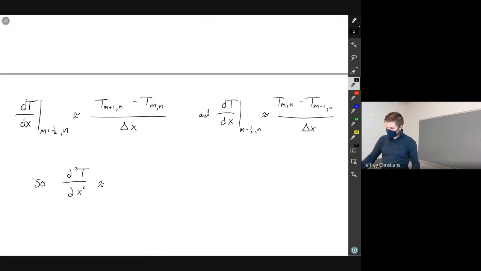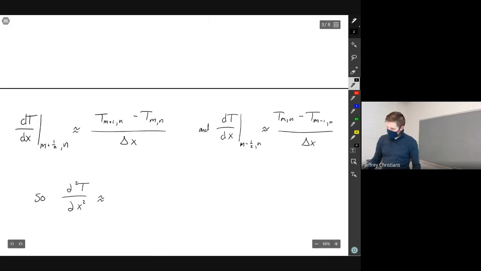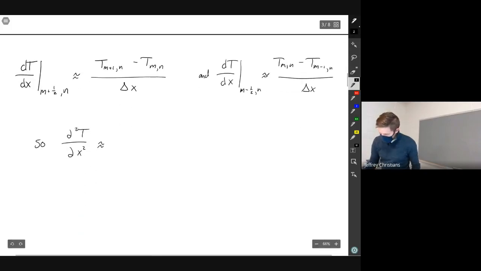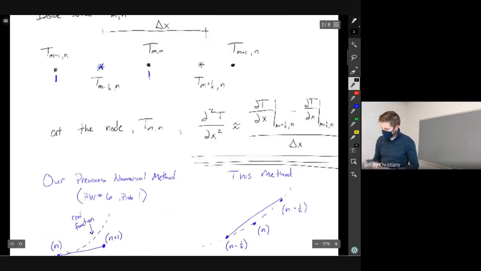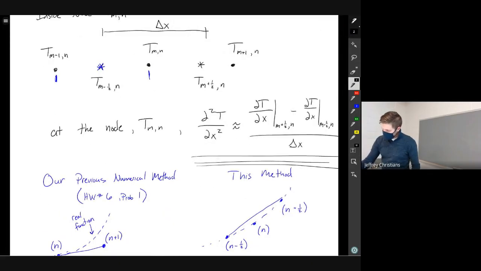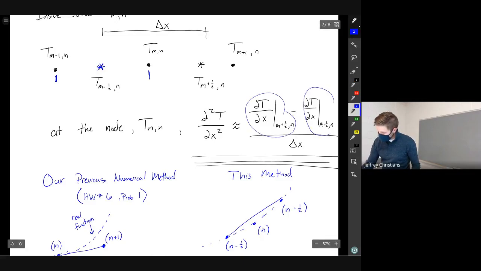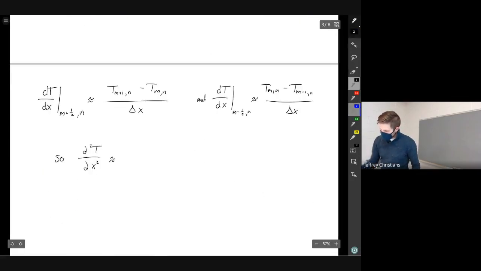So if we look at this, we're taking this term here and subtracting this term. So we're taking the difference between those and dividing everything by delta x.